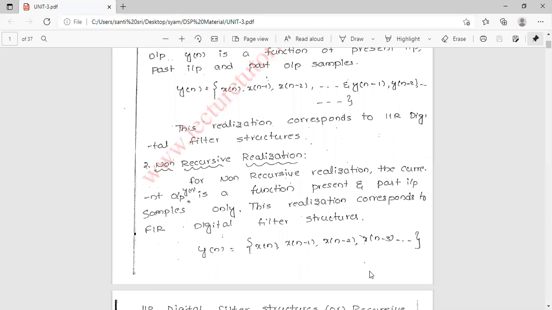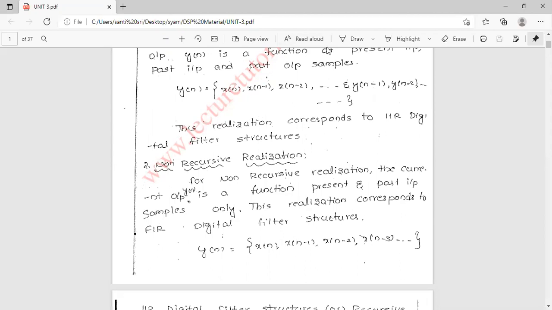Next, non-recursive realization means the current output y of n is a function of present and past input samples, that is x of n and x of n minus 1, n minus 2, etc. This realization corresponds to FIR digital filter structures. For example, y of n is equal to x of n, x of n minus 1, x of n minus 2, up to x of n minus n.